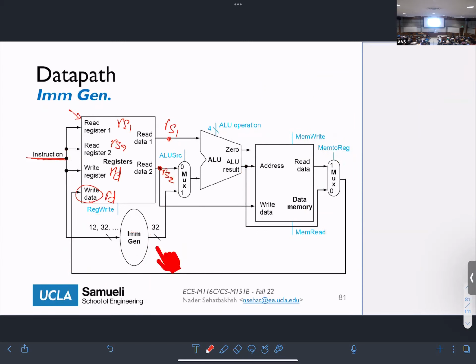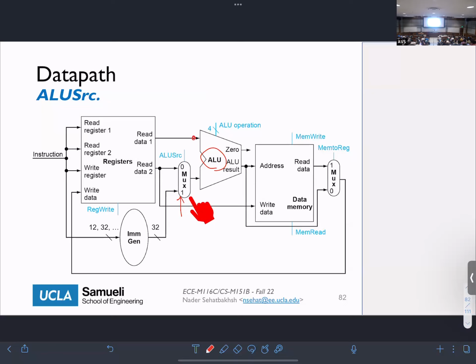Okay, so we have our 32-bit value here. Now the question is, what is this mux and why do we need it? Look at the input of our ALU, the unit that does the arithmetic operations for us. It needs 2 inputs, right? The first input is always RS1.